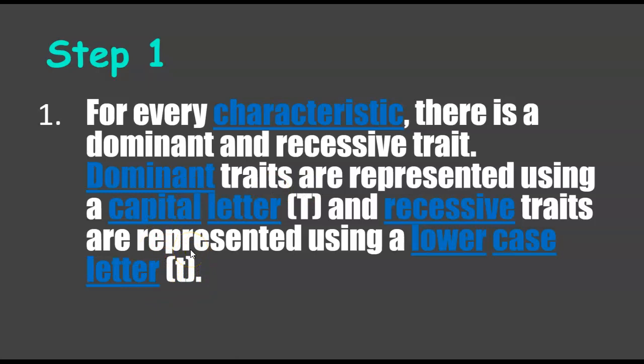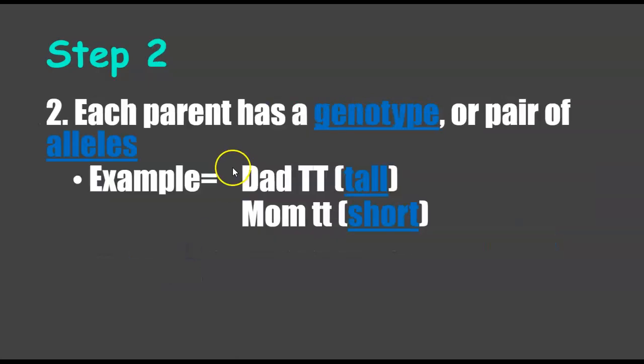So if you see that dominant, that T, in this case uppercase T, in any of the boxes, that means whatever is shown has to be that dominant T. However, if you don't have a capital letter, then you're left with a recessive, and that's what you're going to see.